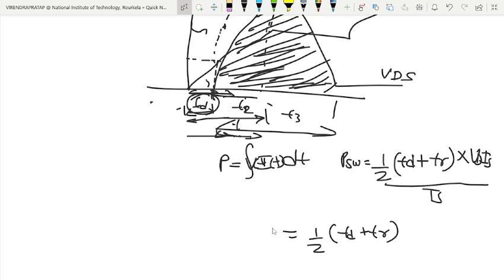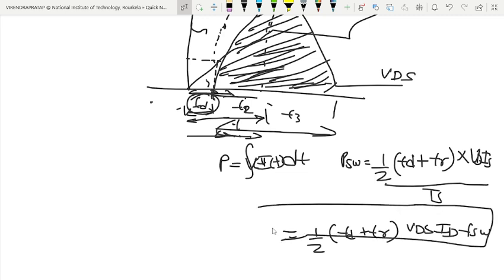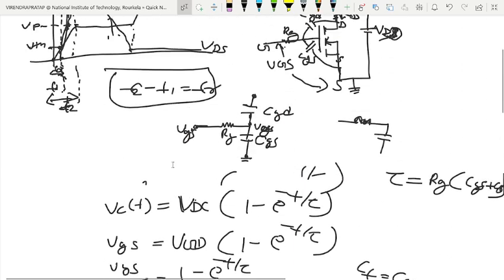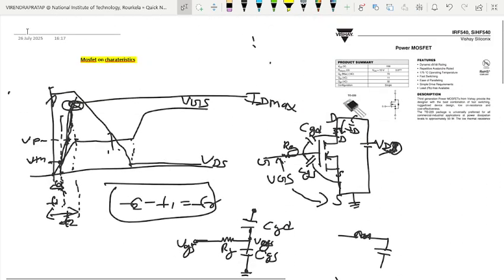This is totally the turn-on time. We can say VDS, ID into switching frequency. This is the turn-on power loss. I will explain in the datasheet for better understanding.